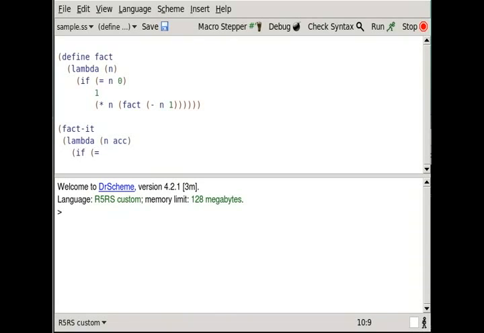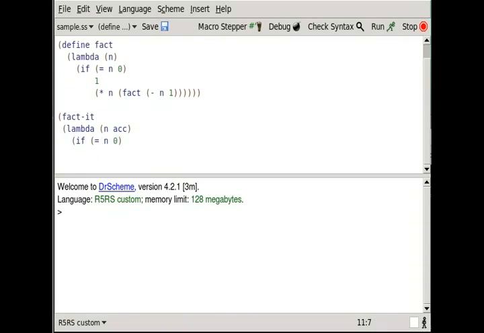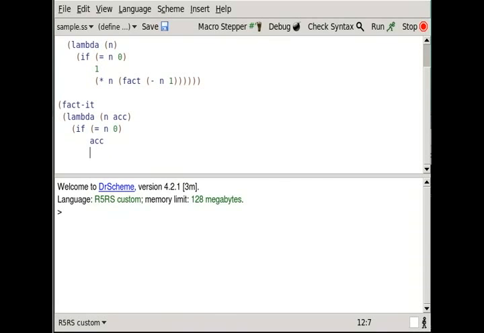If n equals 0, then instead of returning 1, we're going to return the accumulator. And otherwise, we're going to run fact-it again. You can tell it's going to be iterative: if it's naturally recursive, then we'll do something like multiply or cons or divide or subtract or add. But since this is iterative, we're simply calling the function by itself again.